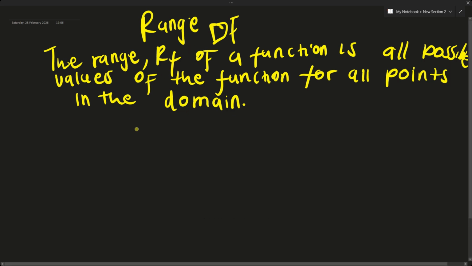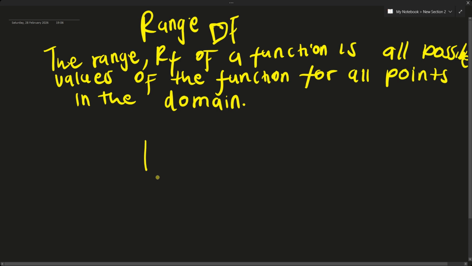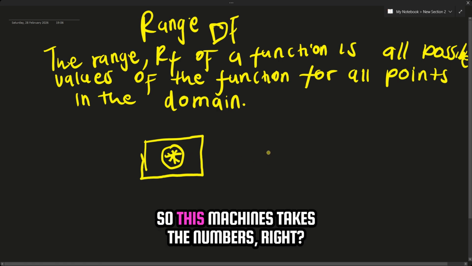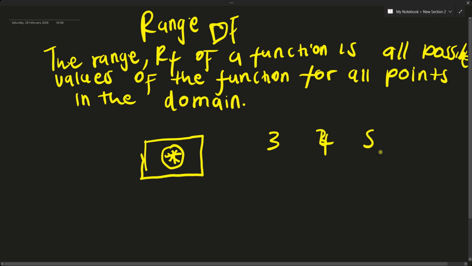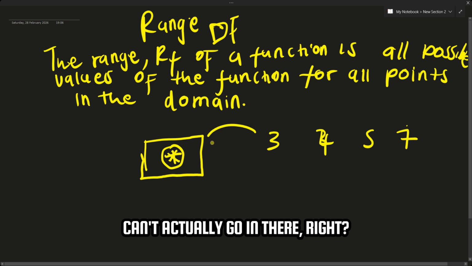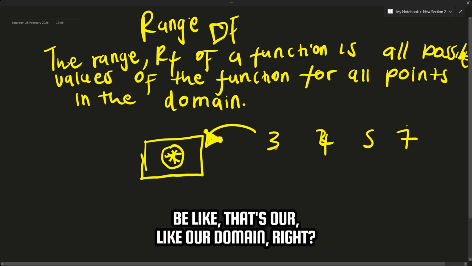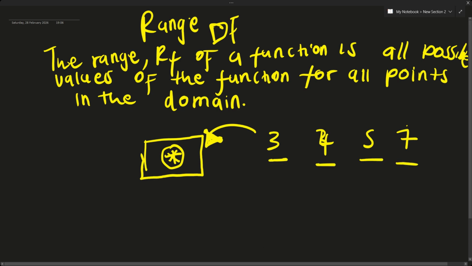Right? Remember we talked about this machine. So these machines, it takes the numbers, right? But there are some numbers that can't actually go in there, right? And let's say we said that those numbers might be like, that's our domain, right?